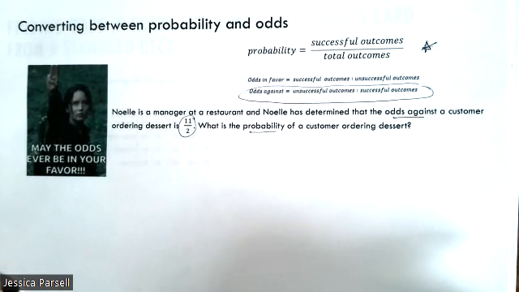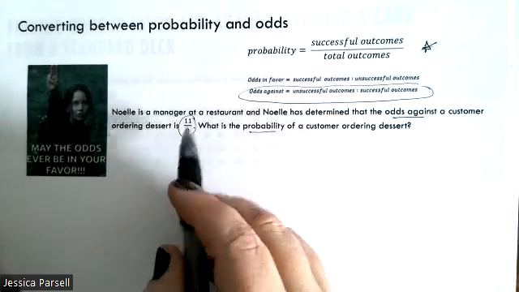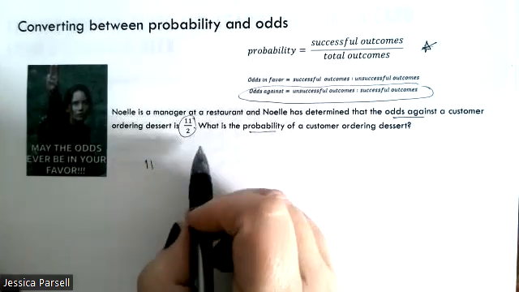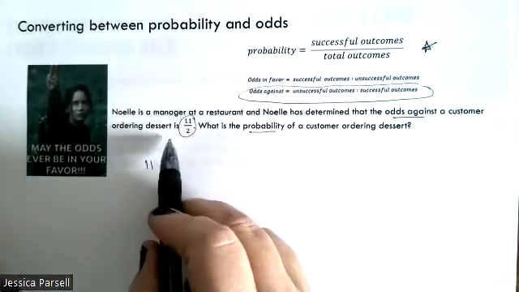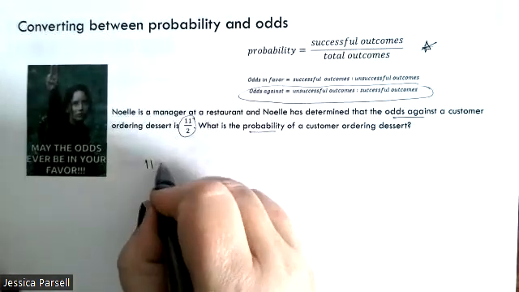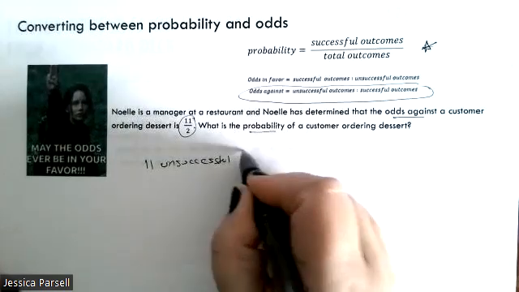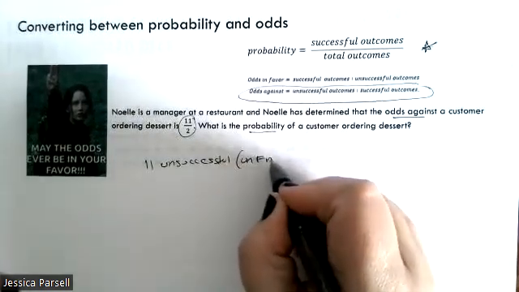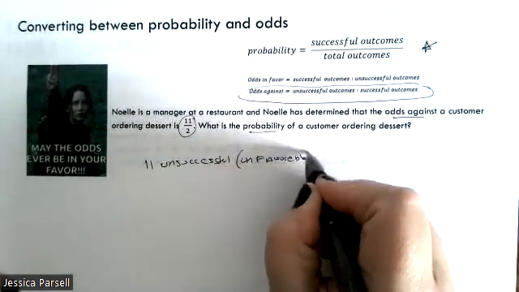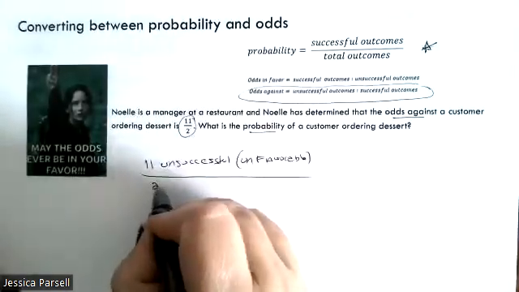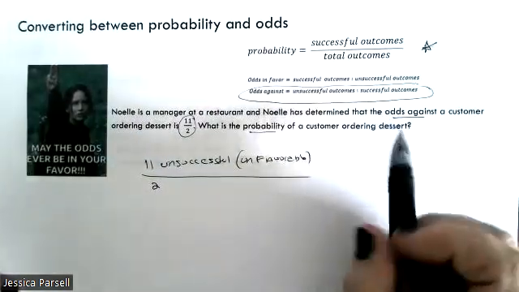Okay, if you're back, I'm going to break down 11 over 2. So 11, since it is odds against, would be unsuccessful, or we like to say unfavorable. Over 2, which would be successful.